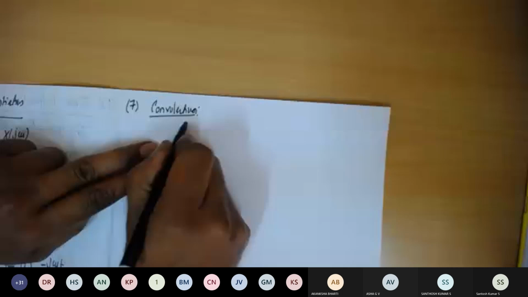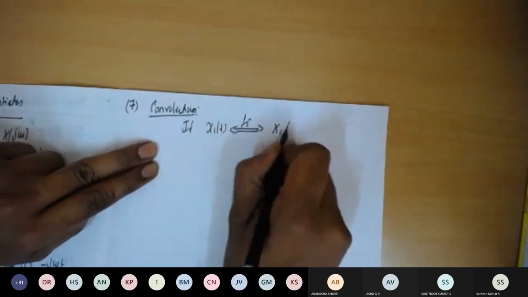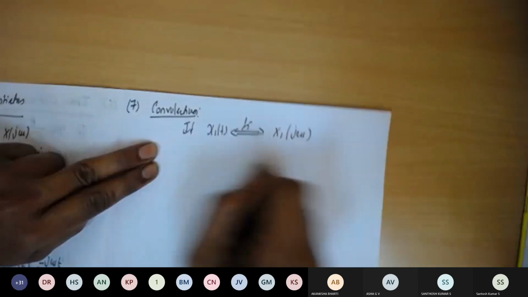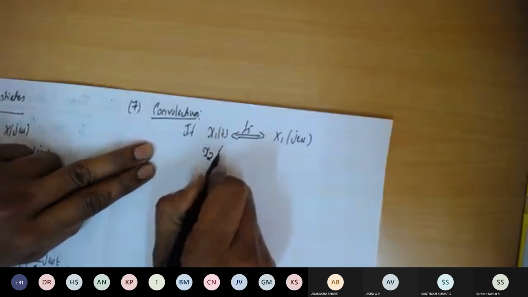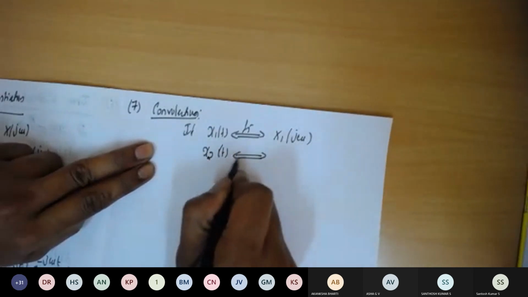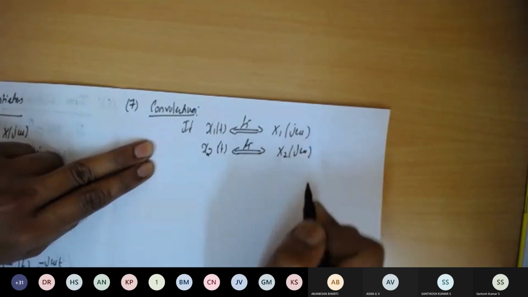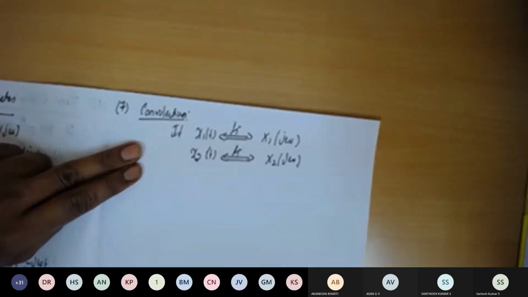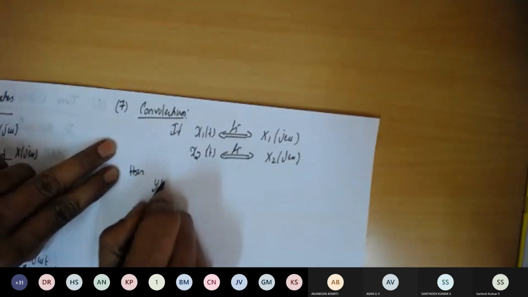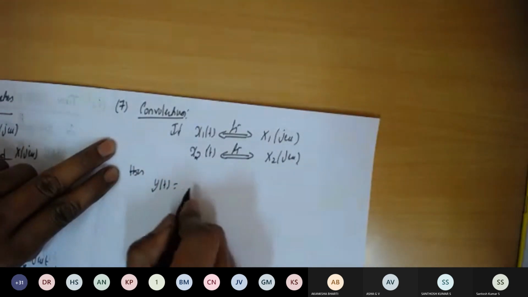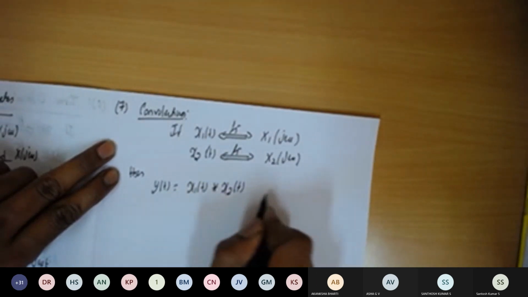Let us take the statement. If x1 of t has Fourier transform X1 of j omega, and similarly if x2 of t has Fourier transform X2 of j omega, then we'll consider y of t, which is x1 of t convolved with x2 of t.